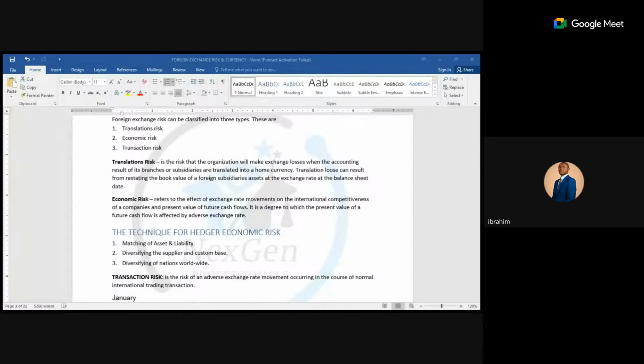And what are the techniques if you want to hedge against this economic risk? I don't want to talk about hedging, but I'll just mention it. There is matching of assets and liabilities. That will take us to netting under hedging.